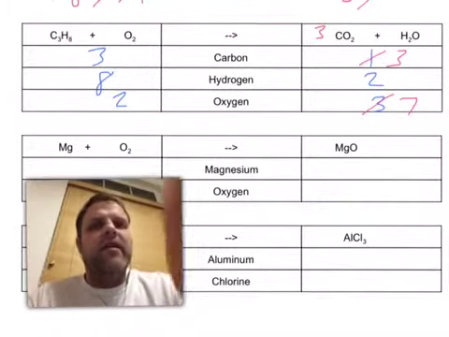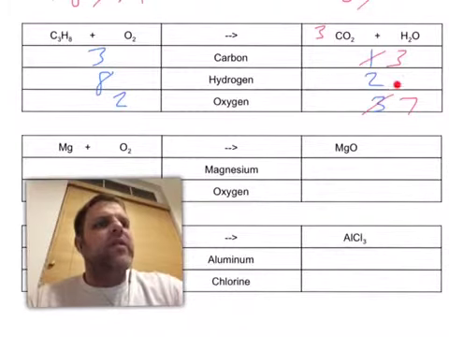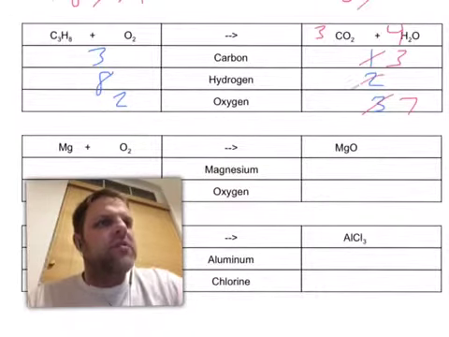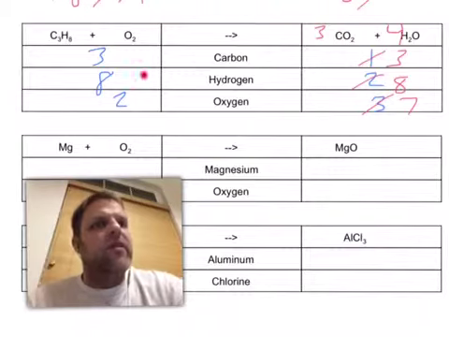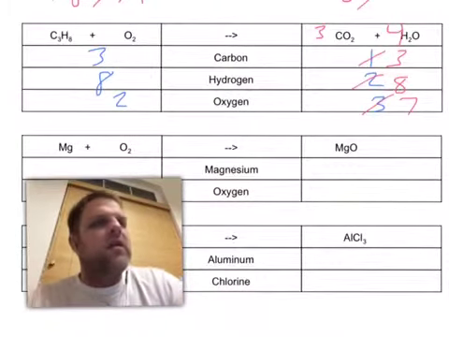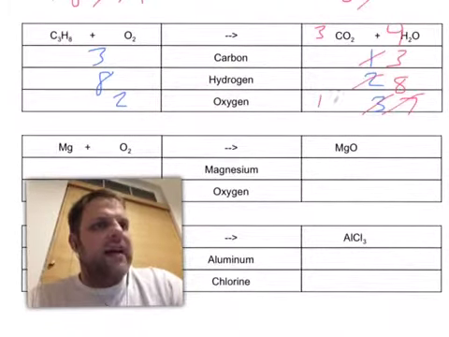Hydrogens, we've got over here 8, and over here we got 2. So I'm going to need to throw a 4 out in front of this one. So I've got 4 waters now, which changes hydrogen to 8, so that balances these two, right? So now I got 8 and 8. But now I've got 3 times 2 is 6 for the oxygen, plus 4 times 1, so 6 plus 4 brings me to 10 oxygens.